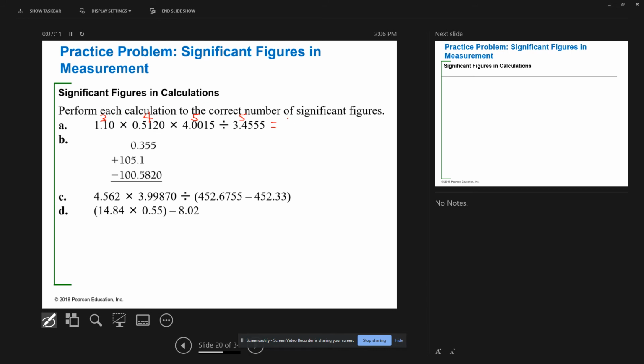So if I do this, just do the math, I get 0.65219, which I'm going to round to 3 significant figures. So it'll just be this, 0.652. That would be my answer.